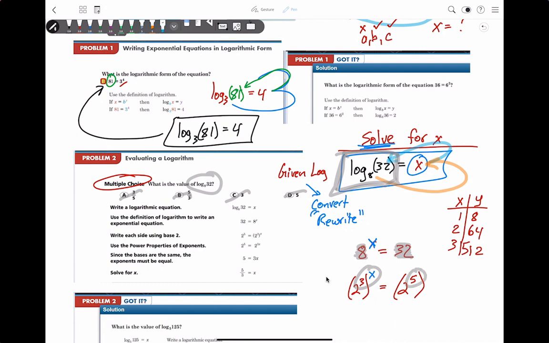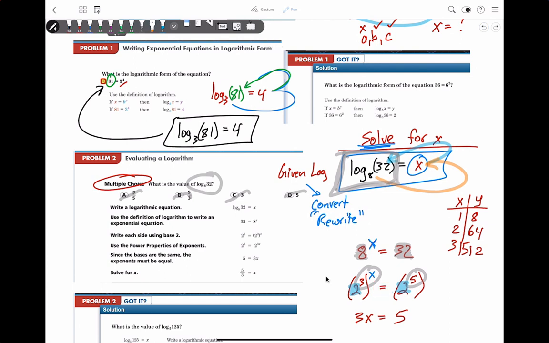Because these two bases are the same values, they become negligible. I don't even have to look at them. The only thing that I have to set equal to each other to solve it are the powers. Since the bases are the same, they're not important anymore. I have to make them the same first, but then the only thing that's going to make the left side equal to the right side is if and only if these powers are actually equal.